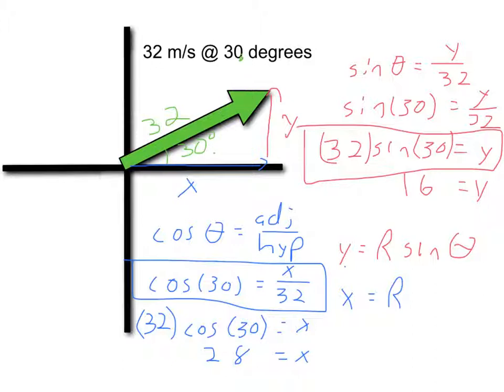Your x component is r cosine theta, where theta is once again measured to the positive x-axis, or 0 degrees. If you have the angle measured relative to the positive x-axis, then you just need to burn into your minds: sine for y's, cosines for x's.